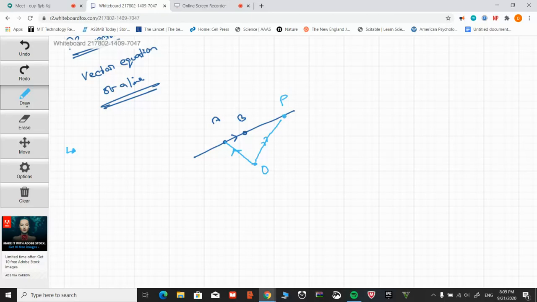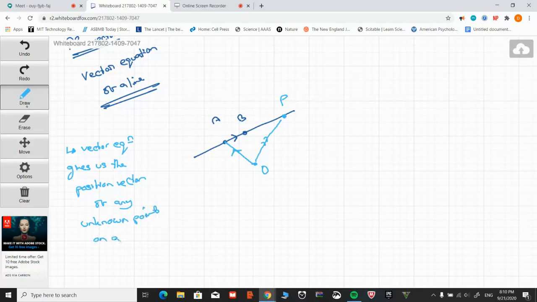So the vector equation gives us the position vector of any unknown point on a line. In this case, the line we're talking about is the dark blue line over here.